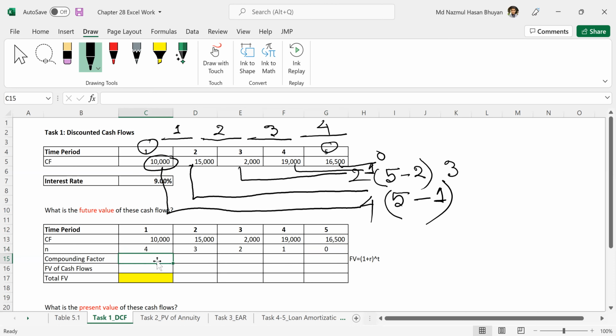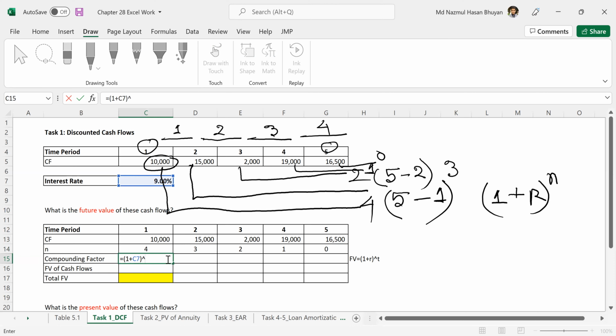So let us now calculate our compounding factor. You know the compounding factor formula is 1 plus your periodic interest rate R to the power total number of time periods you have. All right. So here, our periodic interest rate is 9%.